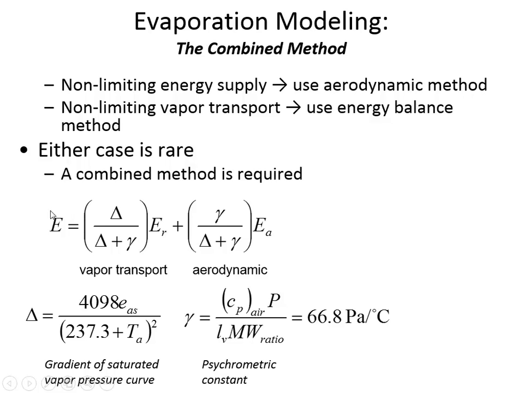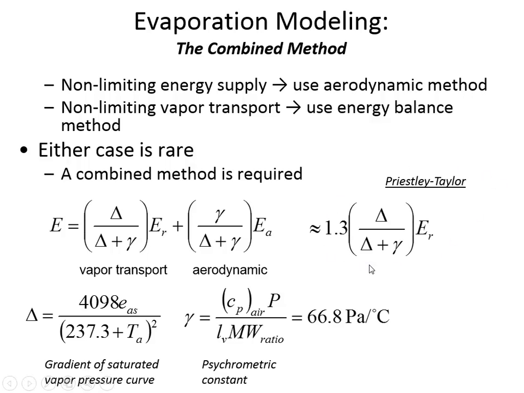You can see that it's basically you're weighting the two. You're saying that the overall actual evaporation is sort of a weighted average of how much the radiation limited evaporation was, and here the transport limited by the aerodynamic method. You're averaging the two together.